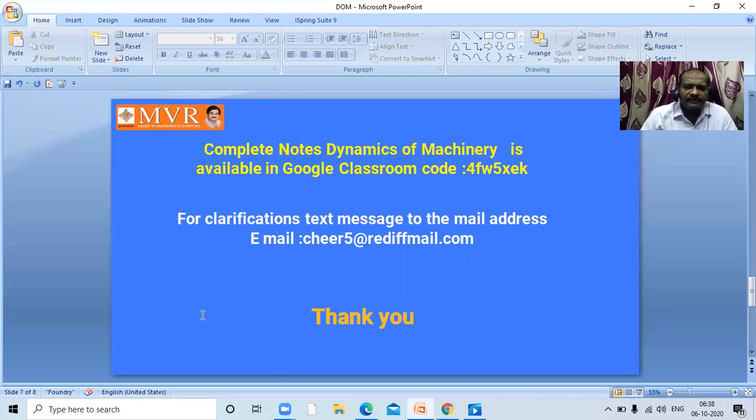Fourth one is the difference between the flywheel and the governor. So by this, the Porter governor concept is over. We'll solve problems on different governors in the coming classes. Still a number of governors are there. Let us have the Royal governor in the coming class. So the Royal governor will be taught in the coming class.